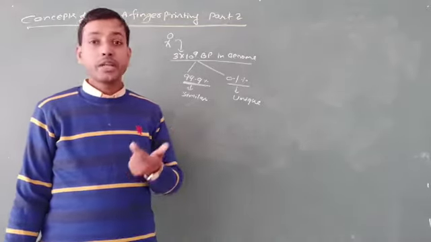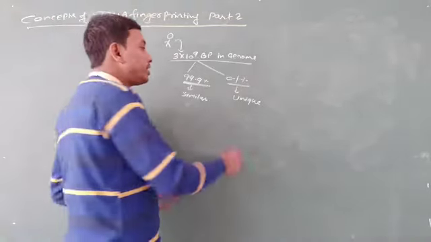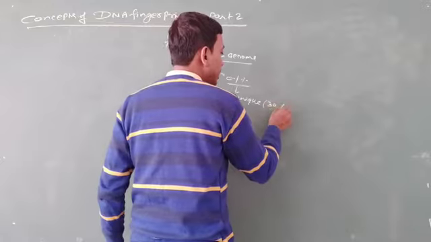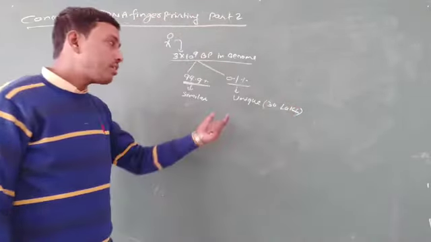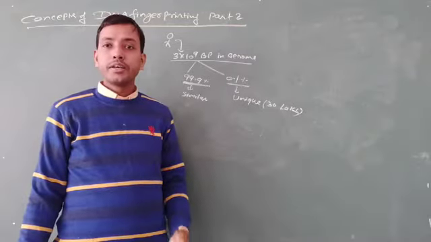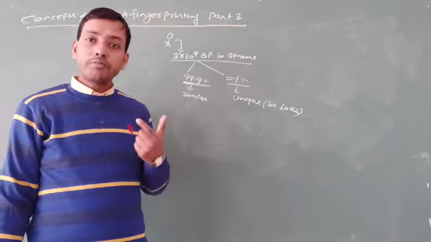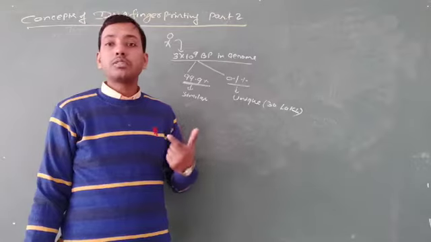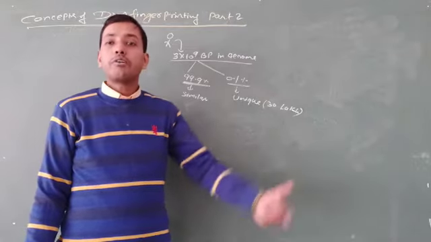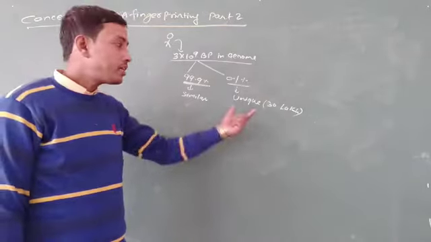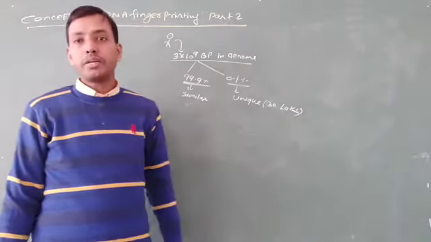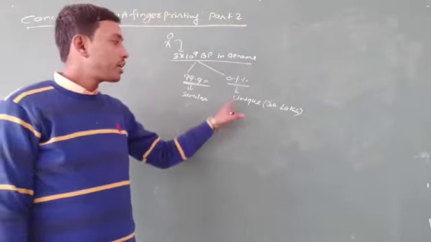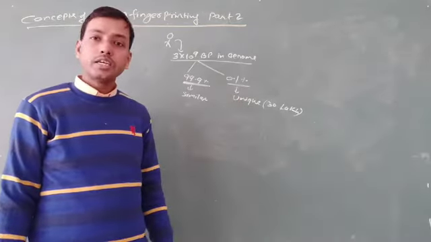It is about 30 lakh. This unique DNA is about 30 lakh. Keep in mind that 30 lakh unique DNA can be used for the identification of a person from thousands, millions and billions of people. That actually gives the idea for DNA fingerprinting. So in this video lecture, we will talk about that 0.1% unique DNA.